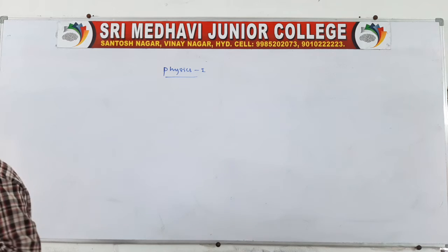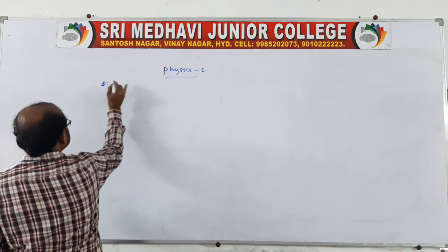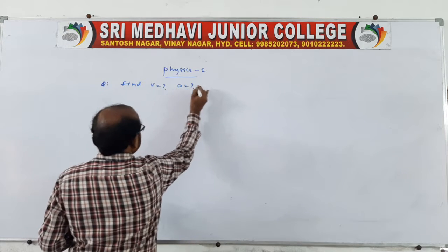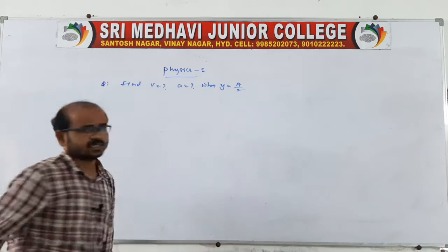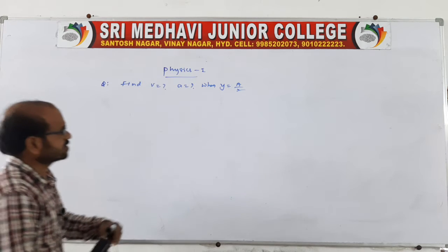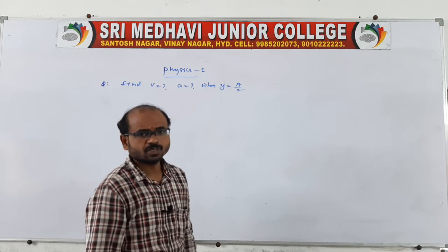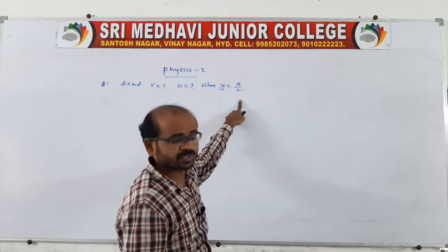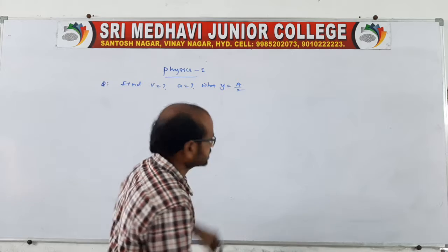Here the problem is given: find the velocity and acceleration when the displacement is half of the maximum displacement, that is, half of the amplitude. Find velocity and acceleration at y is equal to A by 2.